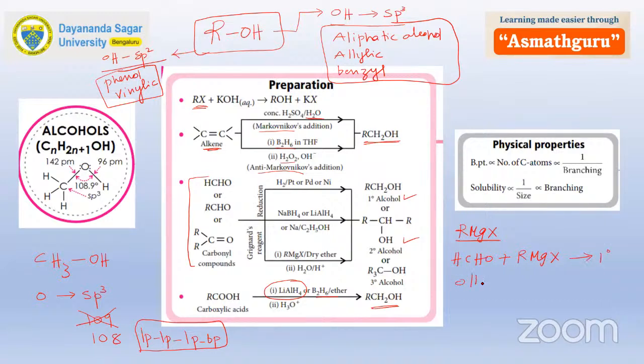If it is any other aldehyde, it reacts with the Grignard reagent to form a secondary alcohol. If it is a ketone, it can react with the Grignard reagent, RMgX, to form a tertiary alcohol.